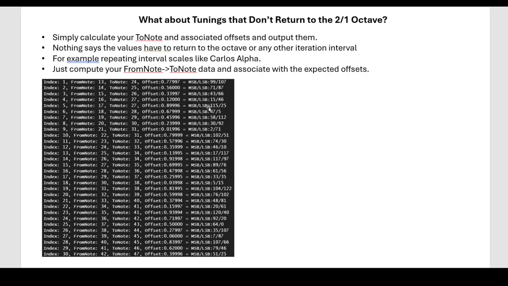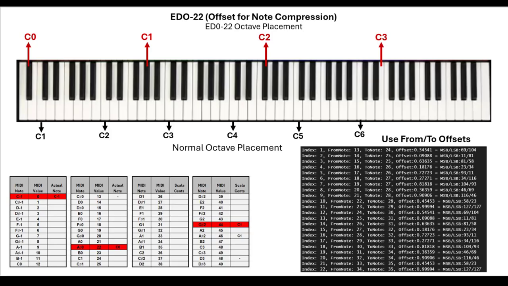Finally, one thing to take into consideration is that if you create some higher order scales, say EDO 22, you're going to have to take account for the compression that will take place if you plan on playing this using a standard keyboard controller versus, say, an isomorphic controller that has a much fuller range that's easier to manipulate. Because you can see here the standard octave placement C1, C2, C3 is going to be all off if you're going to use a half step per step of the EDO 22 scale.